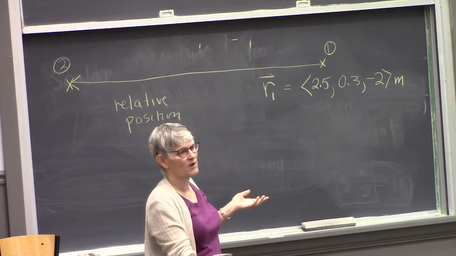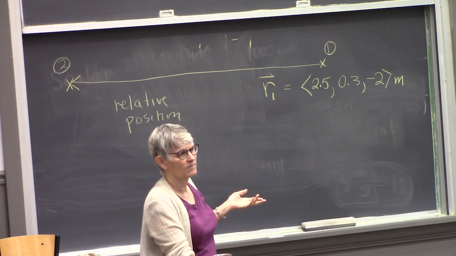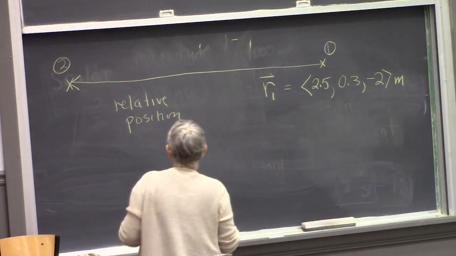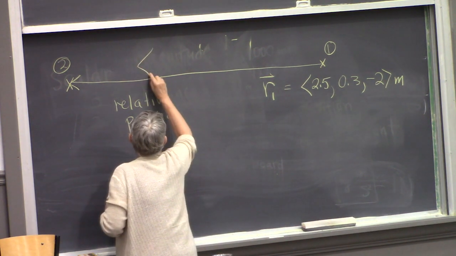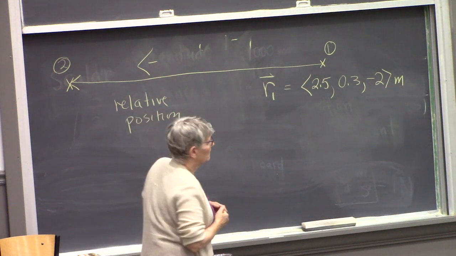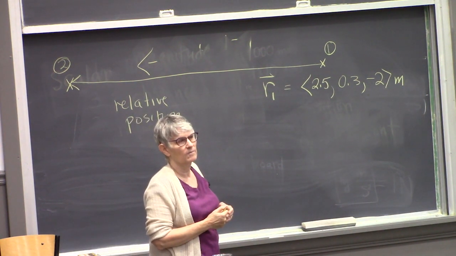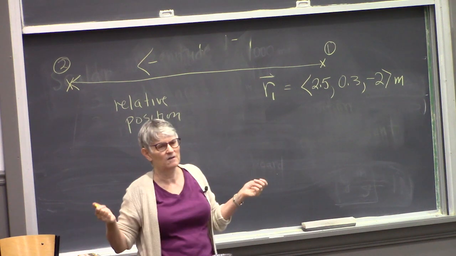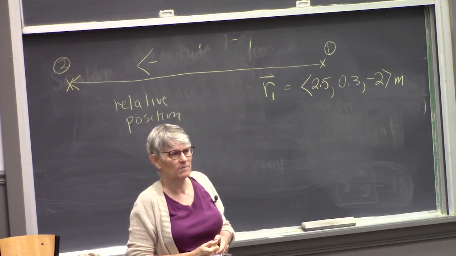Well, is the x-coordinate positive or negative? Okay. So this vector is going to be negative. What do you think? Guess. Estimate. 2 meters?